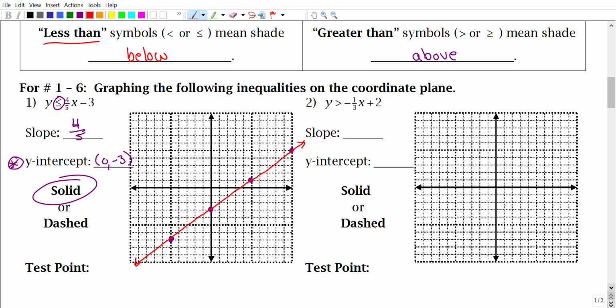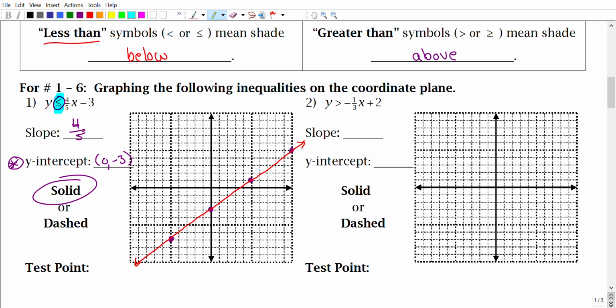Now, let's figure out where we have to shade. Now I'm going to go ahead and shade in light blue here. So it's a less than or equal to symbol. So if we look at our two choices, if it's less than, we have to shade below. If it's greater than, we have to shade above. Well, it's less than, so we're going to shade below. So again, if you want, guys, literally just take your pencil and put it on top of that line that you just drew, and just think about it.